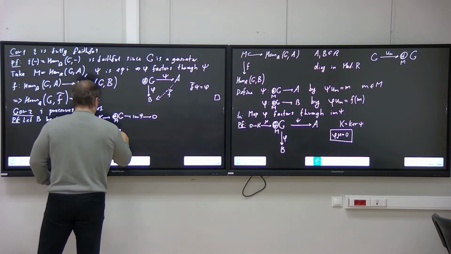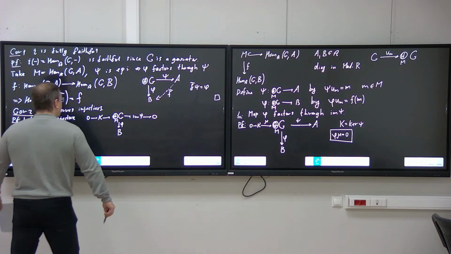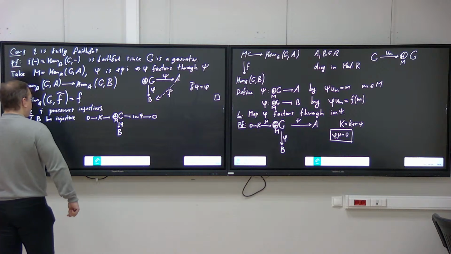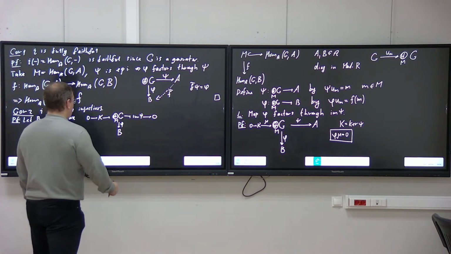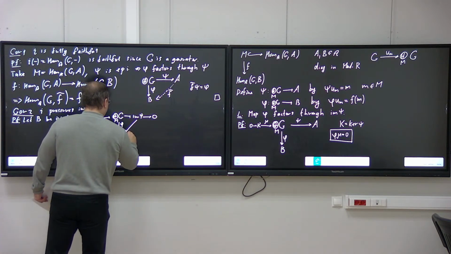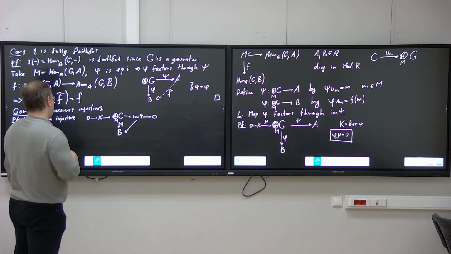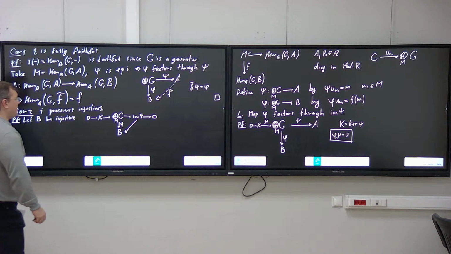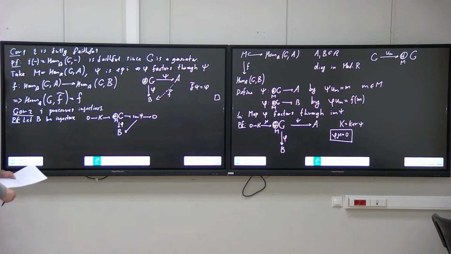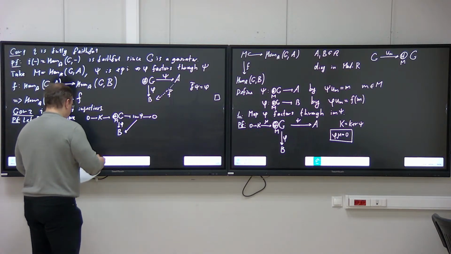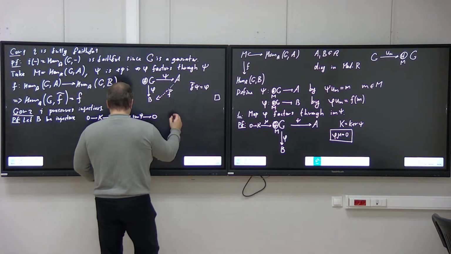Now, for the object B, I have a map phi, and by the lemma, I know that I can find the factorization, the lift to the image. So this exists by the lemma, and then I have another short exact sequence.